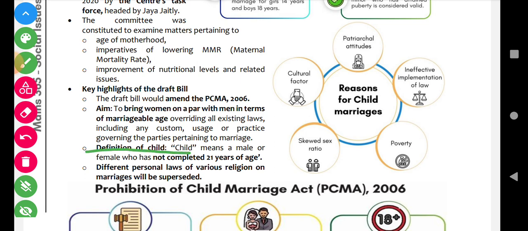Definition of child: a child means a male or female who has not completed 21 years of age, and different personal laws of various religions on marriages will be superseded. So these are the key highlights of the draft Prohibition of Child Marriage Amendment Bill 2021.